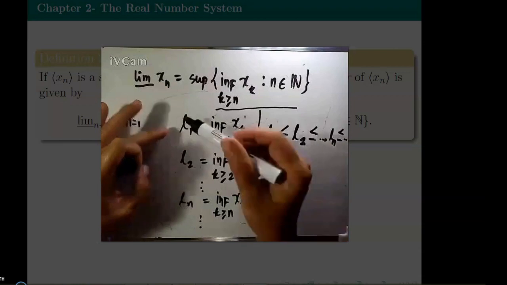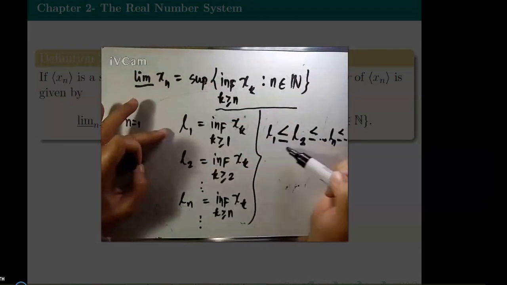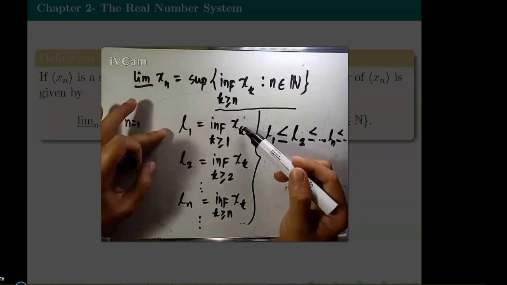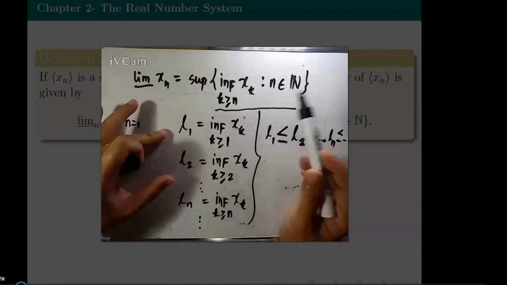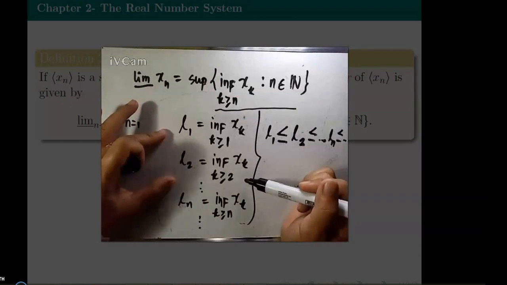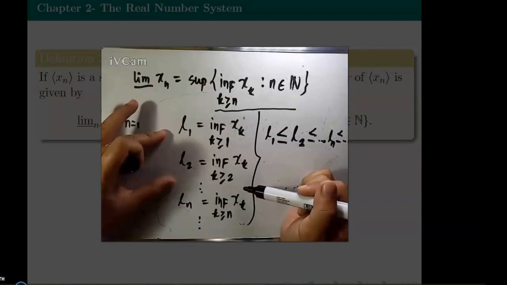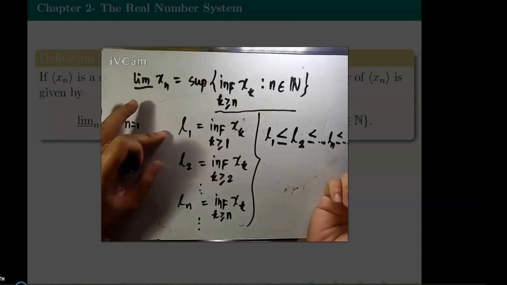So notice that this sequence is increasing, since we take the infimum. We take the infimum, a small value, and then the next could be greater than or equal to this one, and so on.